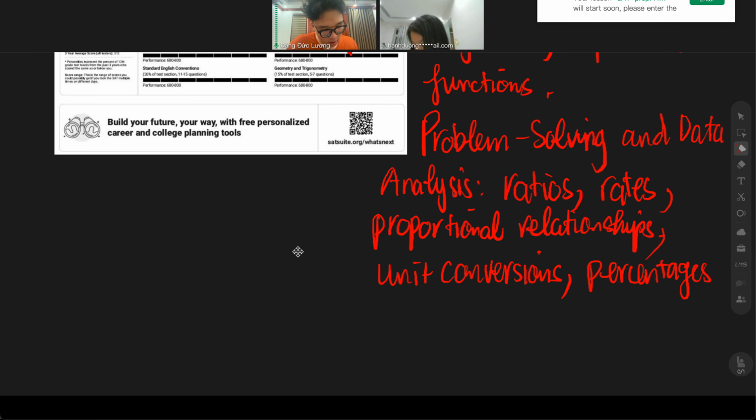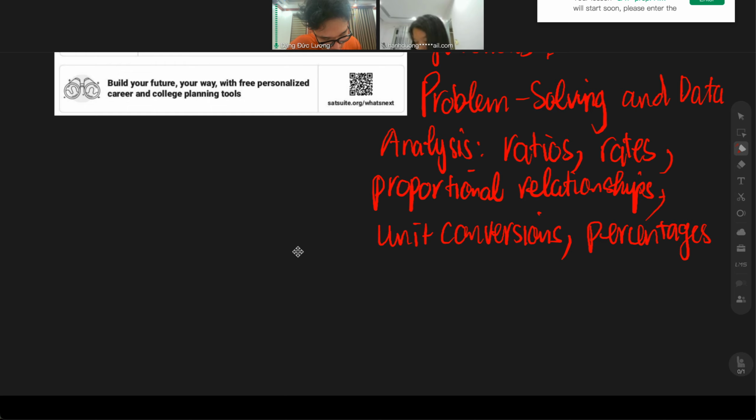And for the data part, you have to know about the measures of center and spread. Did you learn about it in class?